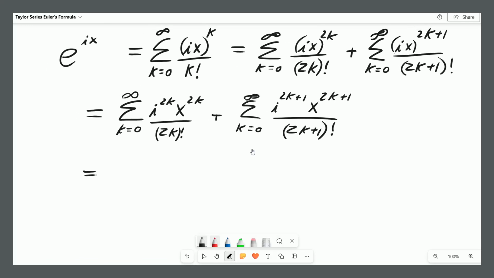Now, this i to the power of 2k, that's i squared to the power of k. i squared is negative 1. Okay, so this is negative 1 to the power of k.